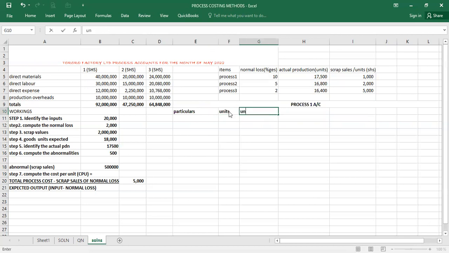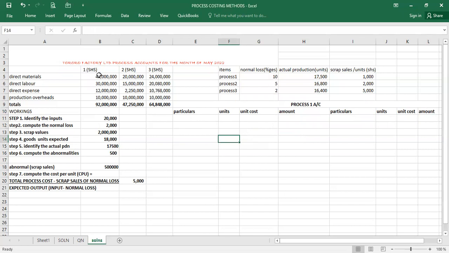We go to the unit cost or cost per unit. Then we get the amounts. Go to the particulars, then units, unit cost, then amounts. And that's all we need.